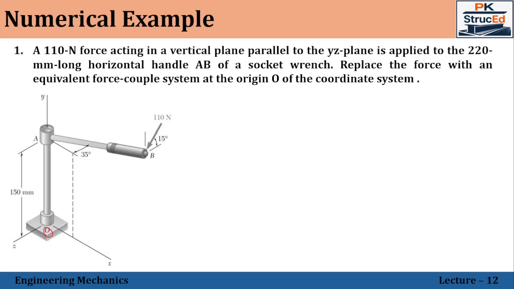Now the question is, why do we replace the force by a force couple system? In engineering analysis, forces are often transferred to convenient reference points, whereas the moment accounts for the rotational effect lost during transfer. This simplifies the free body diagrams, equilibrium analysis, as well as design calculations.